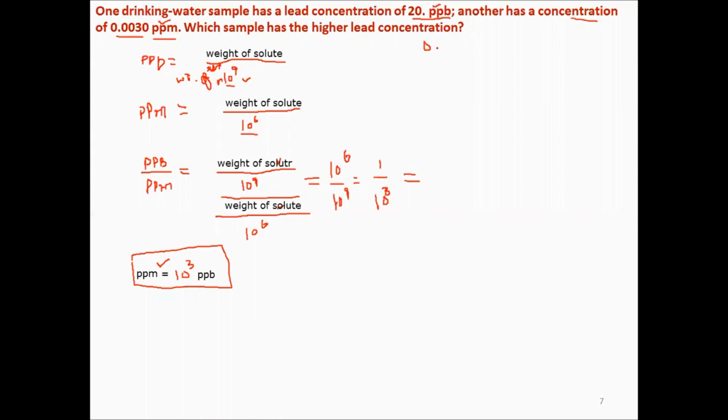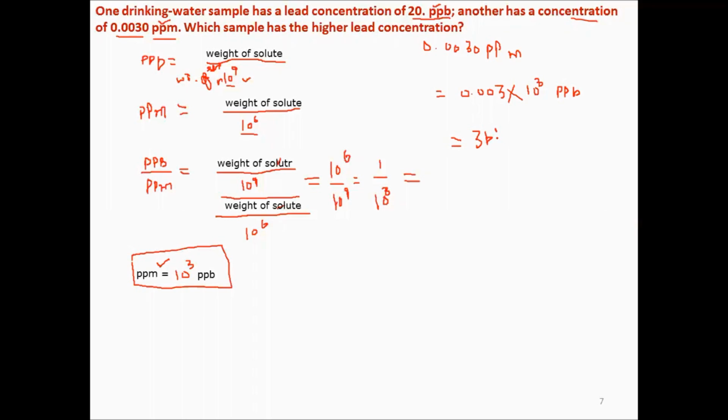So 0.0030 ppm comes out to be equal to 0.003 into 10 raised to the power 3 ppb. Now we have converted this ppm to ppb. So if we solve it, it will come out to be 3 ppb.